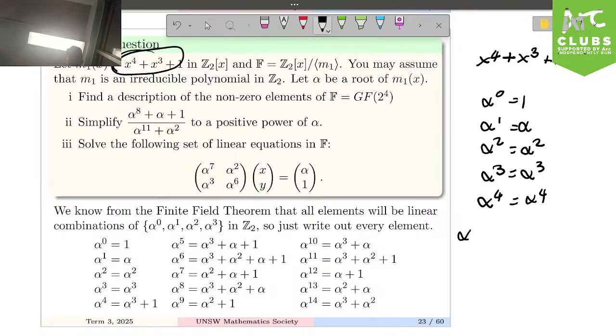And so in particular, that means that alpha to the 4th plus alpha cubed, oh no, this is plus 1, is equal to 0. I'm getting lag because I'm writing so much. And that means that alpha to the 4 is equivalent to alpha cubed plus 1 because we're in Z2.